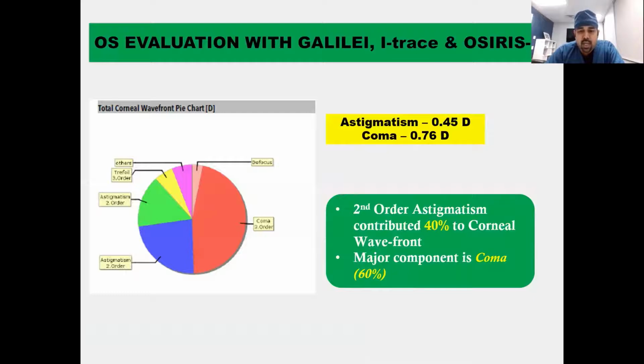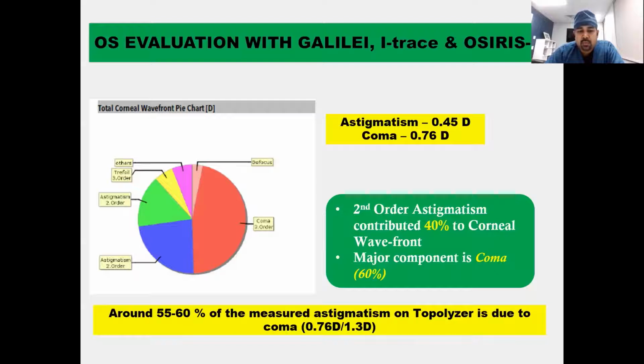And so the majority of what was showing on his topographer as the astigmatism, which was minus 1.3, was contributed by the coma. His actual cylinder was only 0.45, out of 1.3, 0.76 was actually coma.